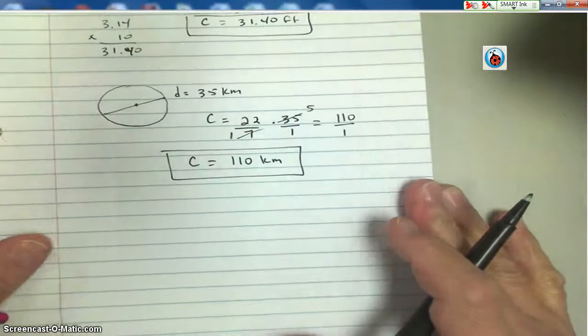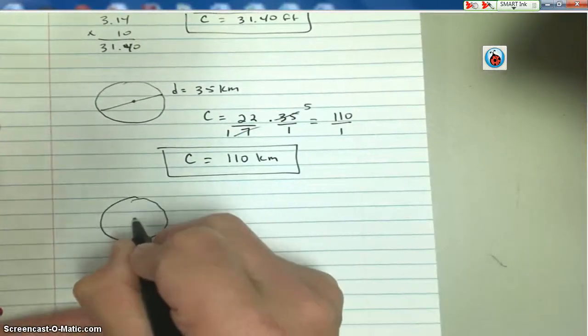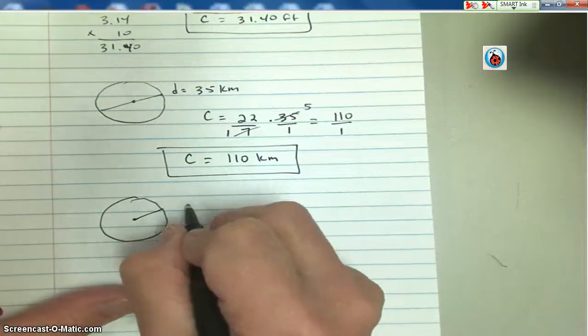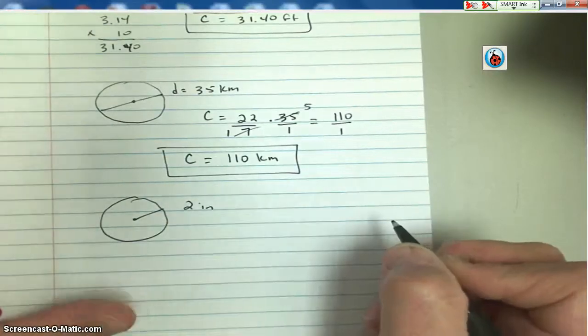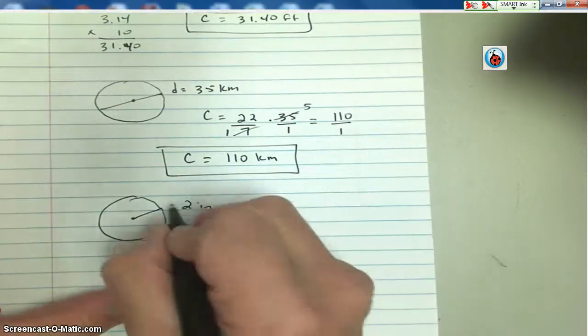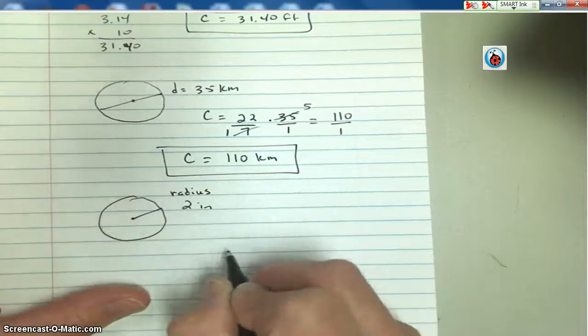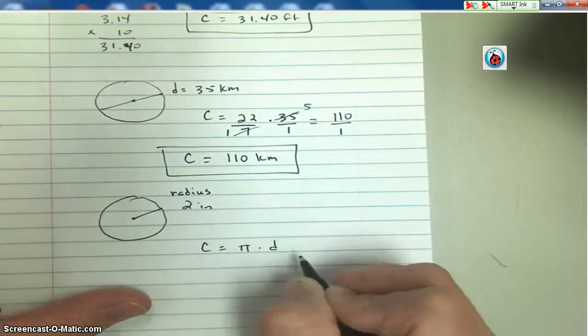Now sometimes you'll have a circle and they'll give you the radius. So in this case we have a circle with a radius of, let's say, 2 inches. This is a small number, we know, but this is the radius, of course, and our formula is circumference is equal to pi times diameter.